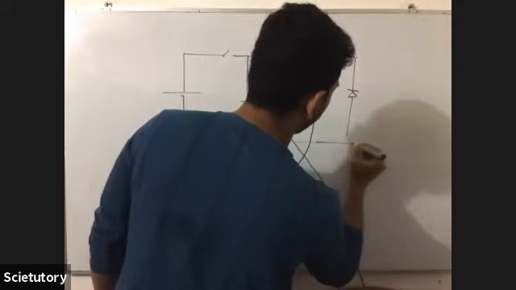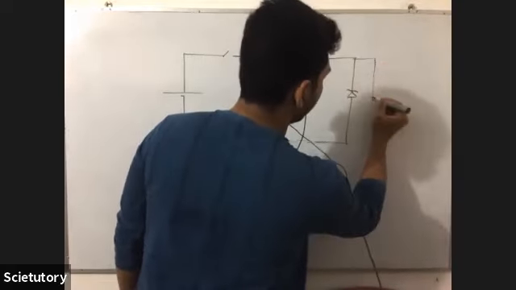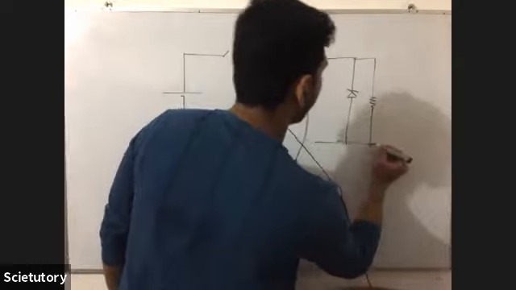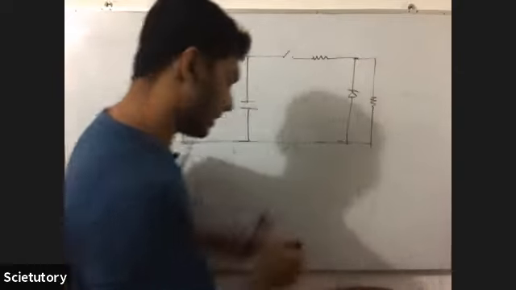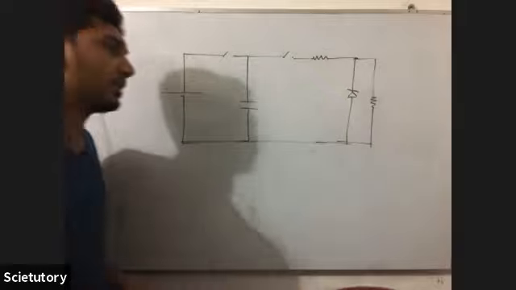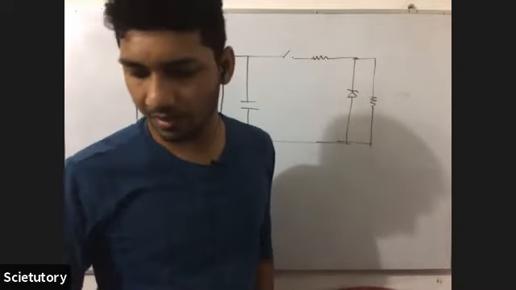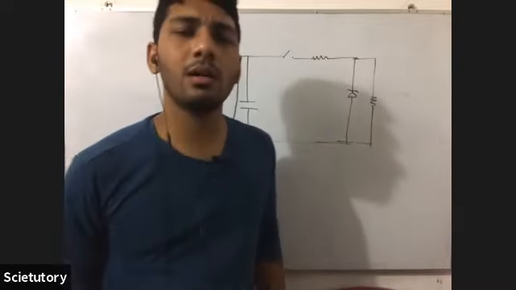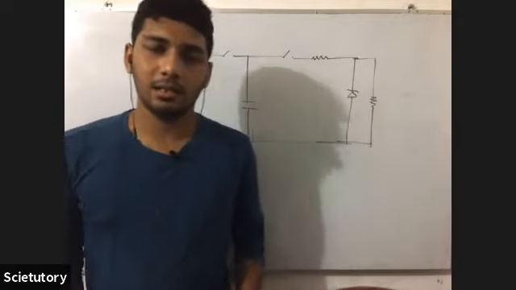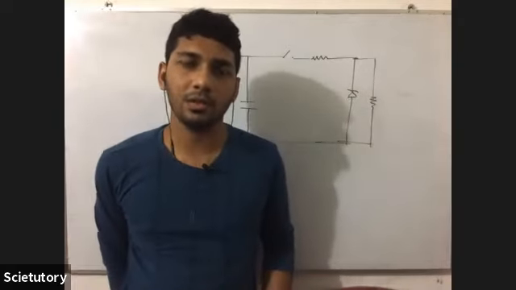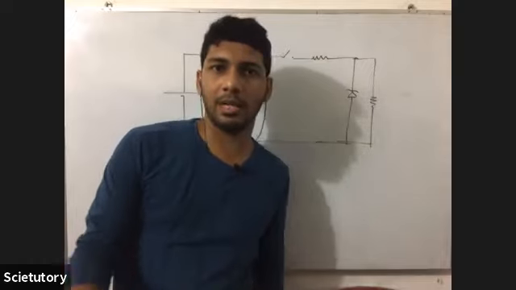So this is a Zener diode. A Zener diode is a special diode that is manufactured to function in the reverse bias state. It has something called the Zener breakdown voltage.